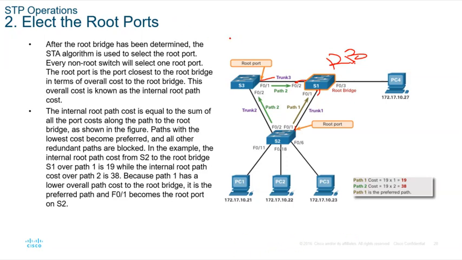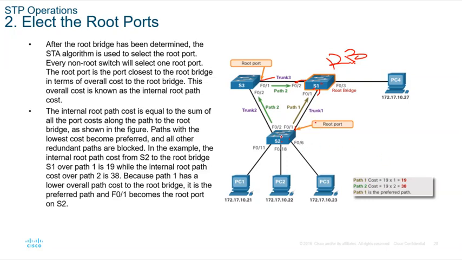Now in a scenario where we have two links, we have this and then this one here, you want to look at the distance and block that. From this switch to this, the path cost is 19. Here, the path cost is 19.